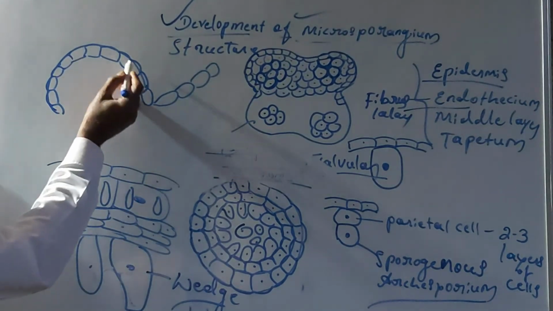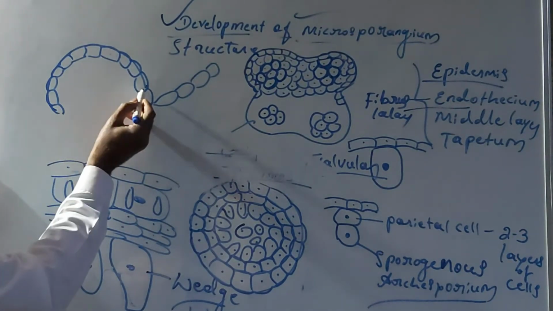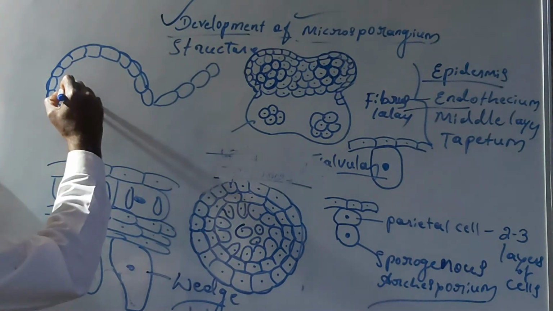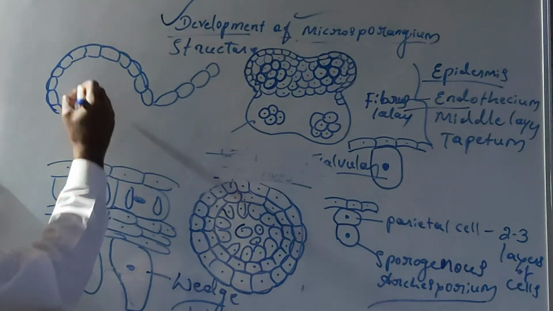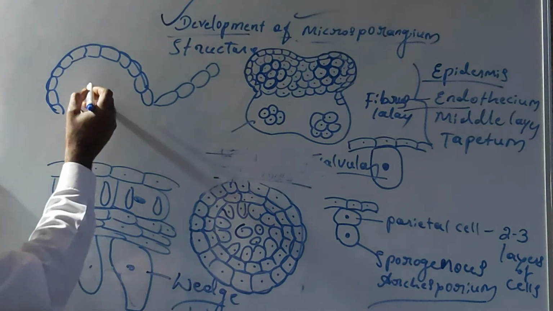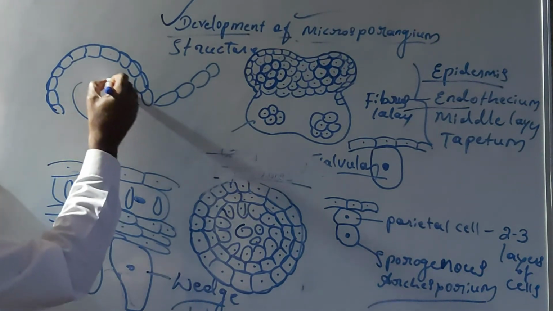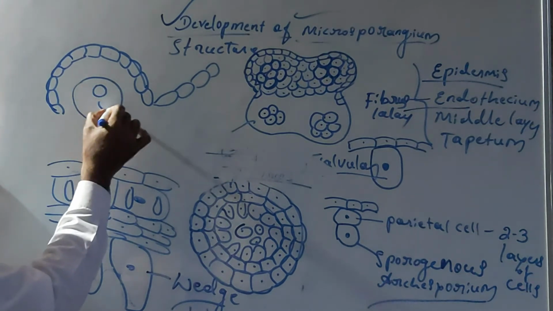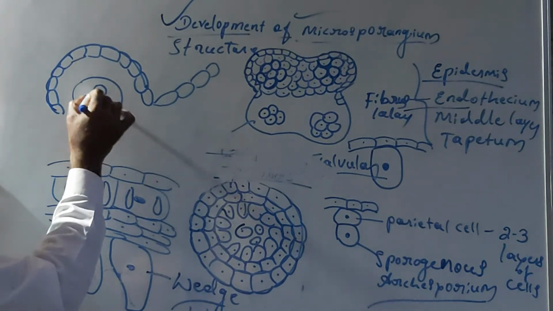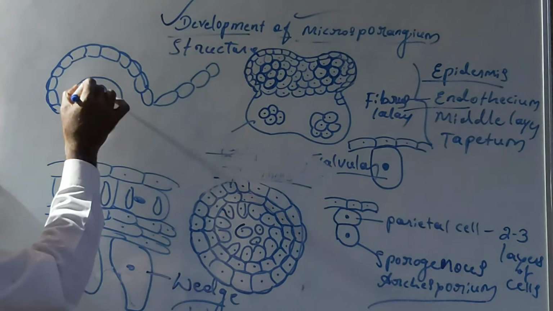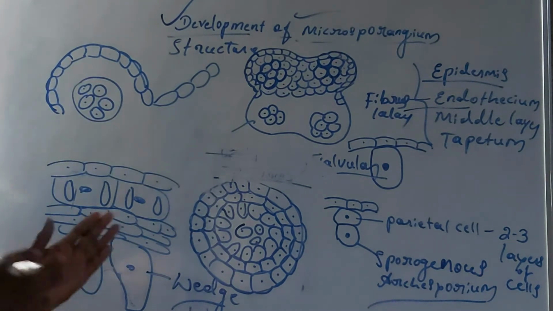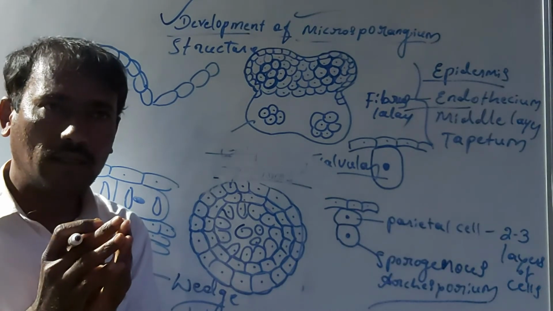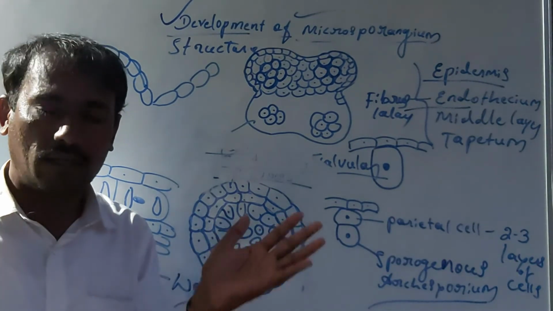So the anther wall has the epidermis, next the endothecium, the middle layer, and the tapetum. Here lies the microsporangium with the archisporium cells, also called the sporogenous cells. The sporogenous cells are individual.